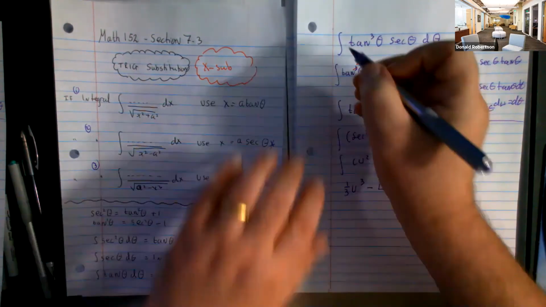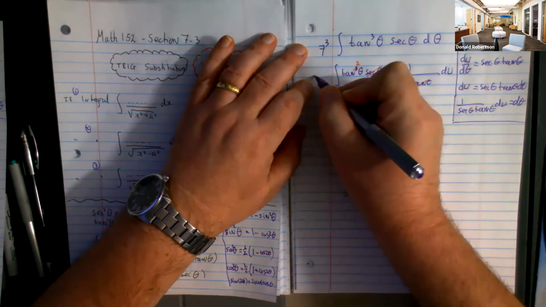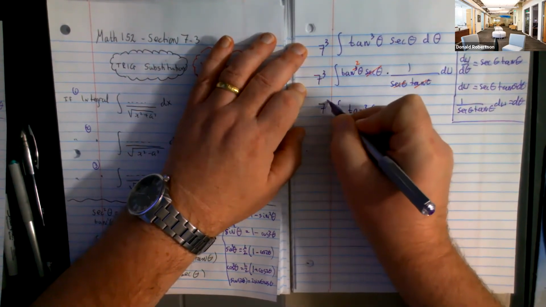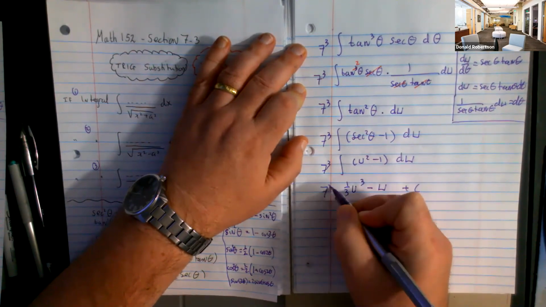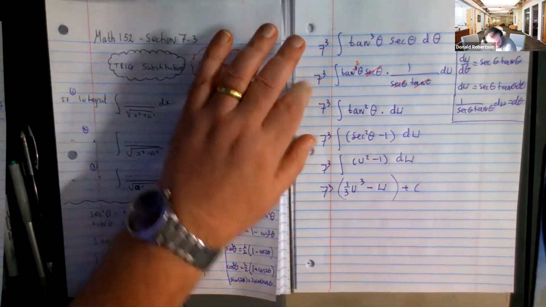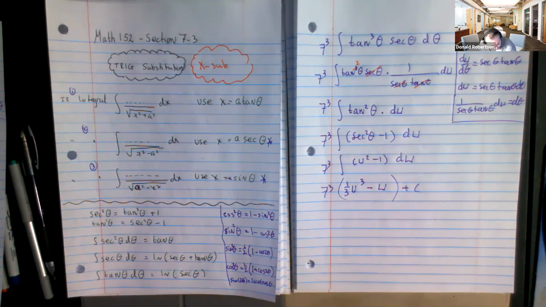Now, I've got a 7 cubed floating about here. Now that I've wrote that down, I'm thinking maybe I shouldn't have bothered. Could we just pretend it's not there and just remember to stick it at the end? That'll save us having to write it all over the place.